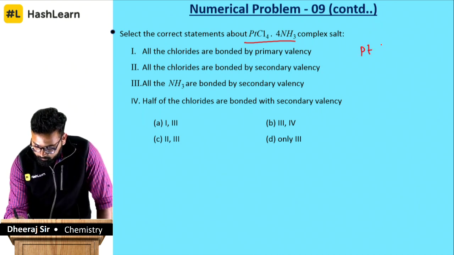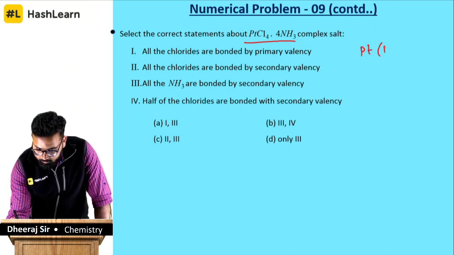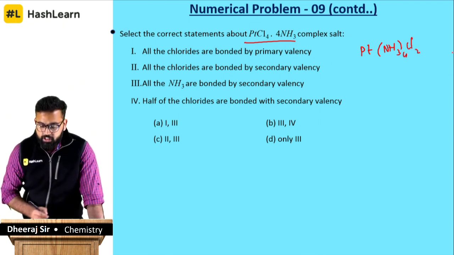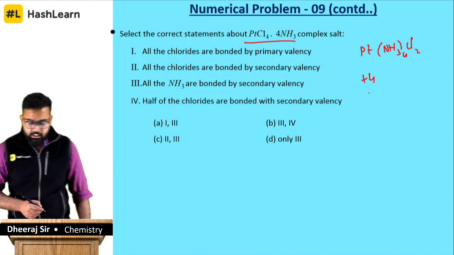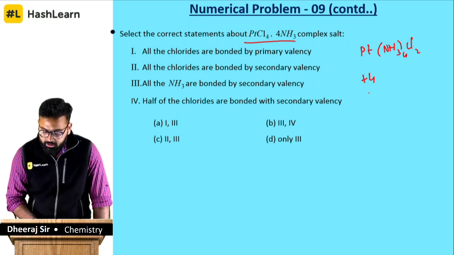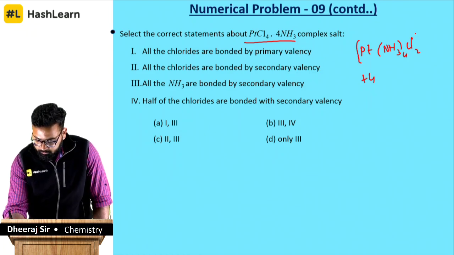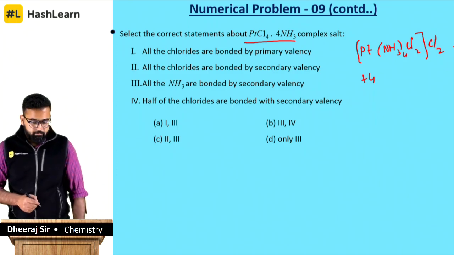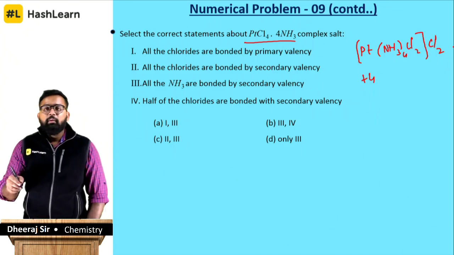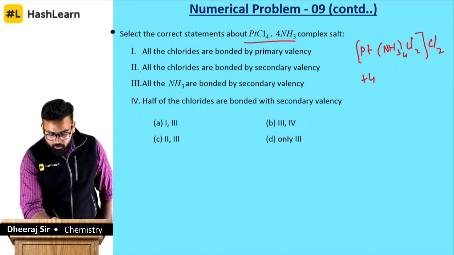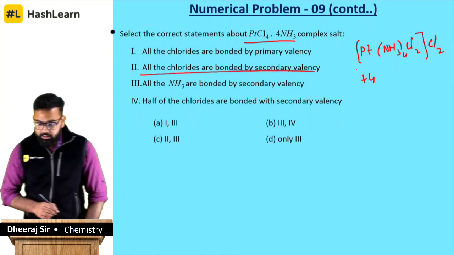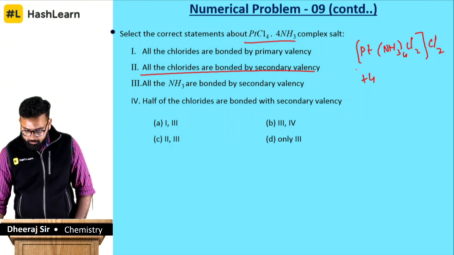Pt(NH3)4Cl2. The general oxidation number on platinum is +4, and in this case it is [Pt(NH3)4Cl2], and to balance the charge you will have Cl2 outside. So if you write the structure, you will be able to instantaneously give us the answer. All the NH3 are bonded by secondary valencies, so that has to be the answer.